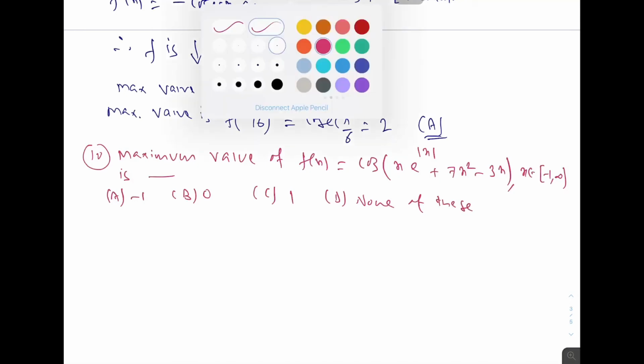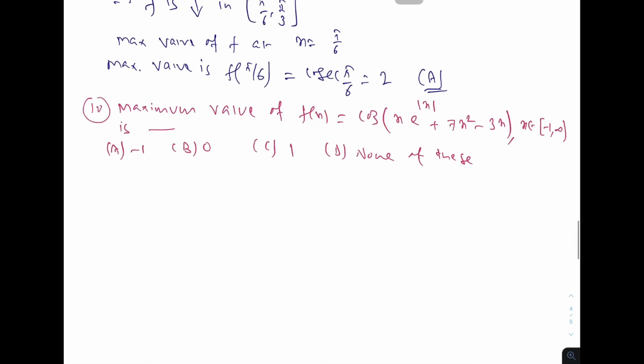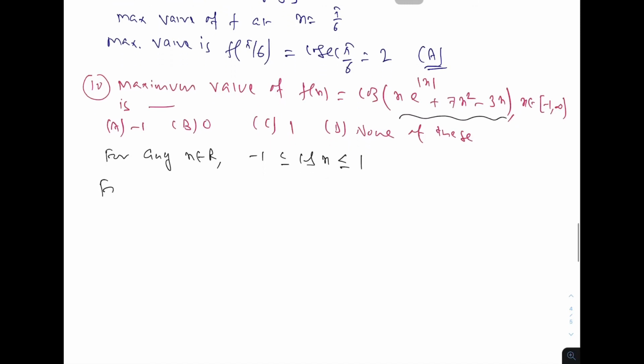Now see, in this case we know that for any x belongs to R, cosine x lies in the interval minus 1 to 1. For x equal to 0 we get 1.